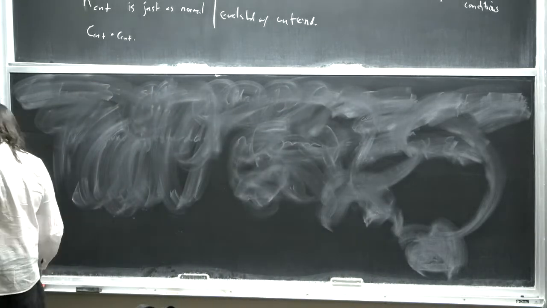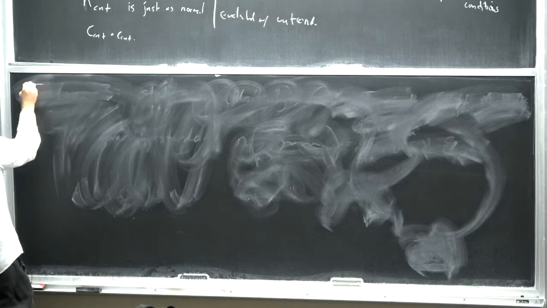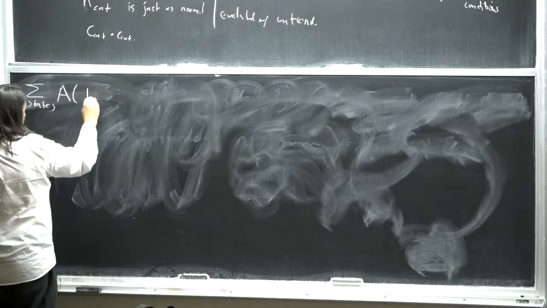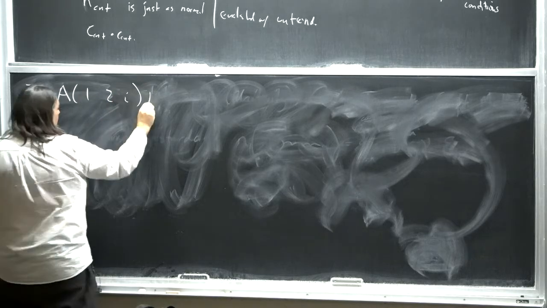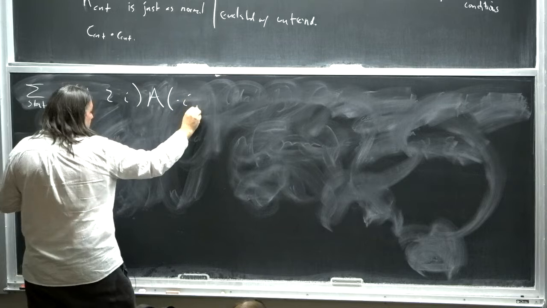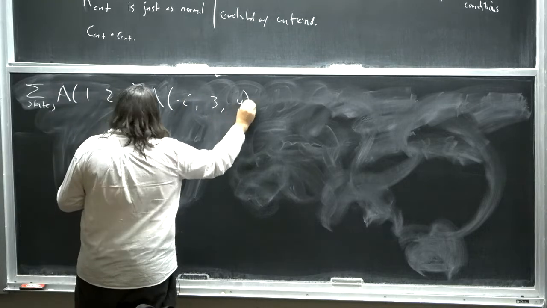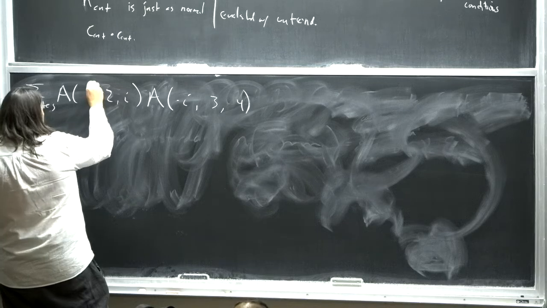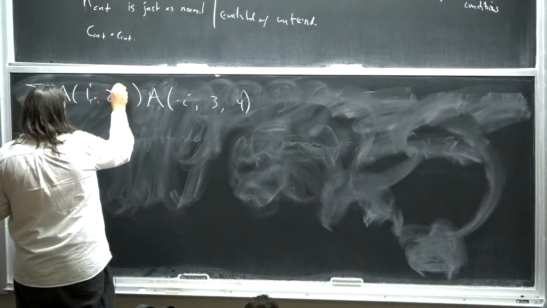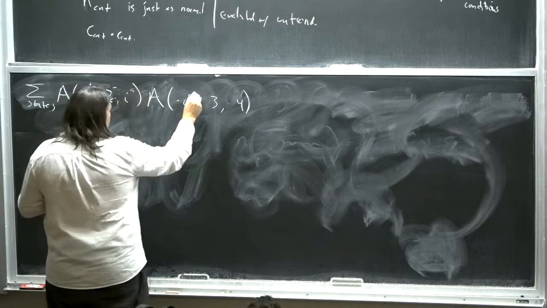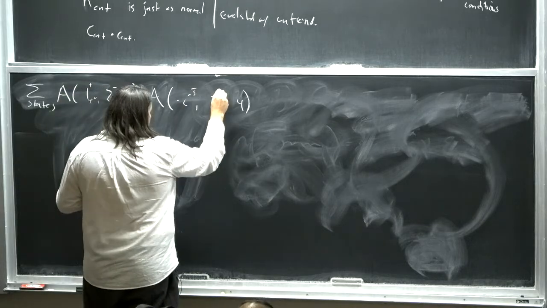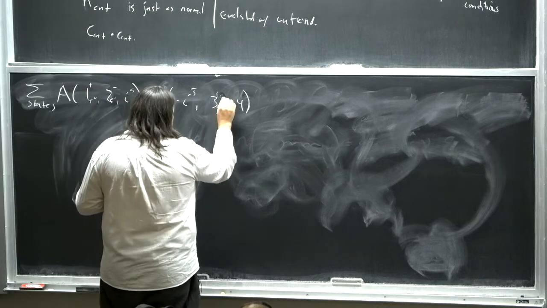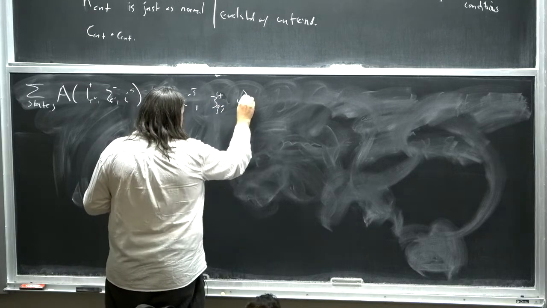All right. Good. So states A, 1, 2, I, A, not I, 3, 4, E plus, plus, E minus, minus, state bar, quark plus, plus, quark minus, minus.